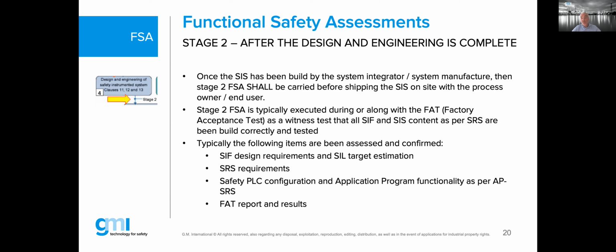Clearly that will come out of the SRS, so we need the SRS requirements. We also need to look, if you are using a safety PLC, at the configuration and of course at the interlock application program functionality as per your AP or application program safety requirement specification. And last but not least, we also want to see the FAT result and the report.